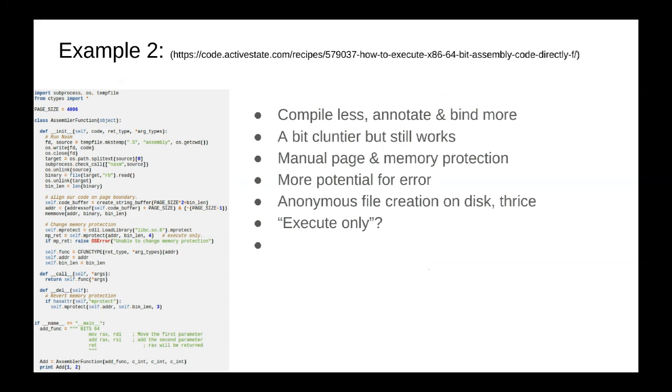And anonymous file creation on disk 2 or 3 times. That's going to eventually, if it's a very large project and you have to use this over and over again, create a lot of bloatware that you don't want there, and does a lot of linking that I don't like, which to me partially is going to count as compiling based on how it works. I know that people probably know how it works. I don't care about how it works on the back end. I just don't need it to be that broken.